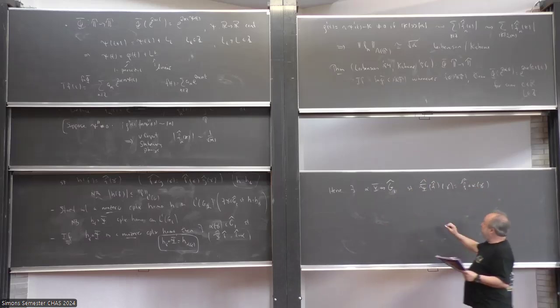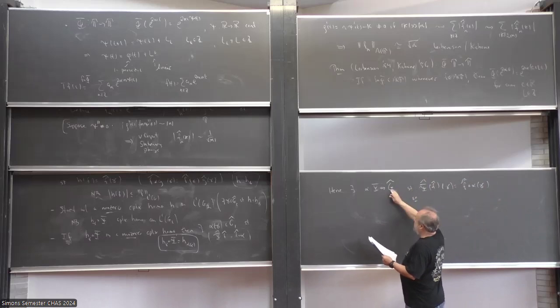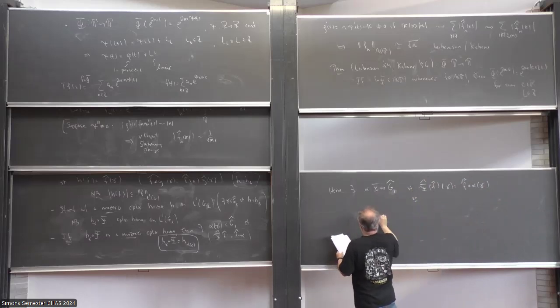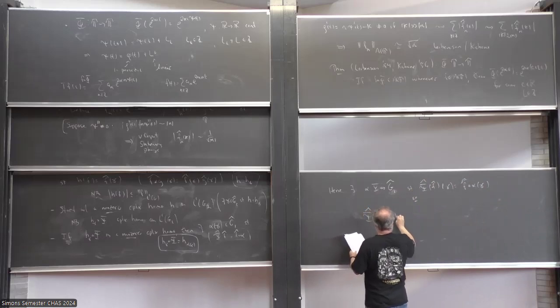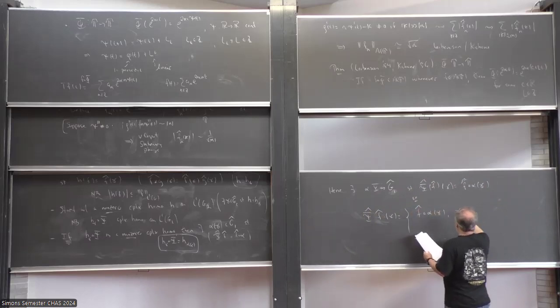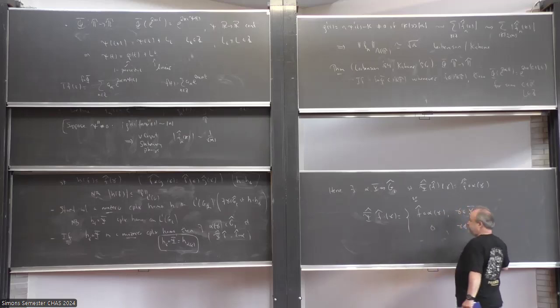Or, if you like, this is bringing into play this subset Y. On the Fourier transform side, this is just composition if gamma belongs to Y, and 0 if gamma does not belong to Y.